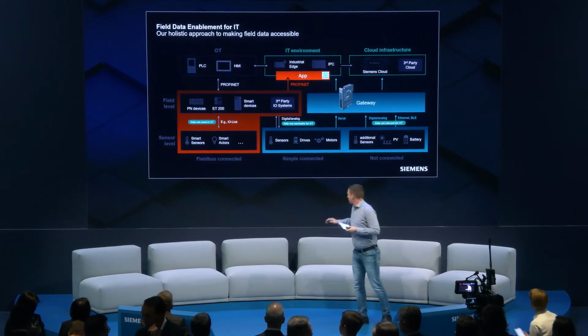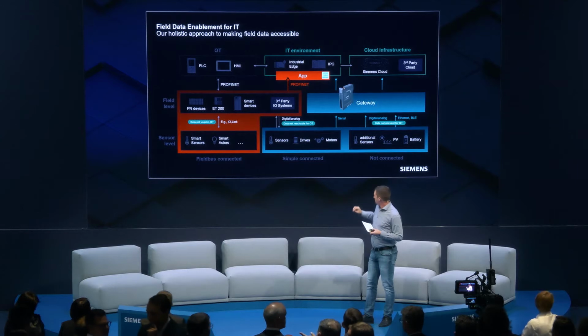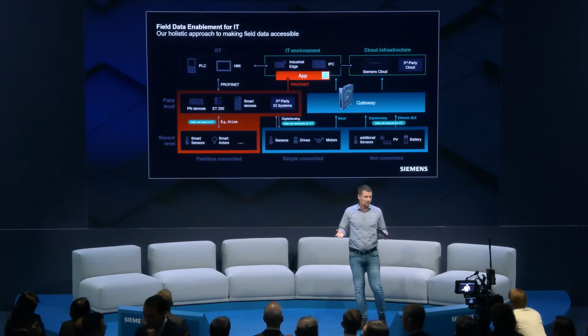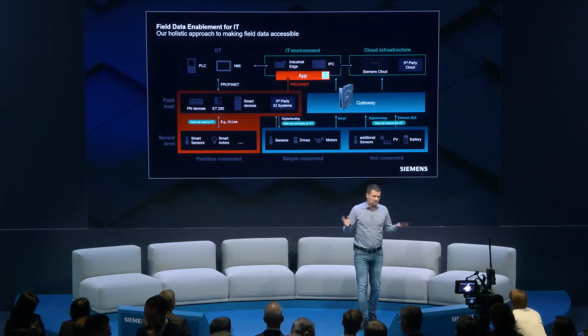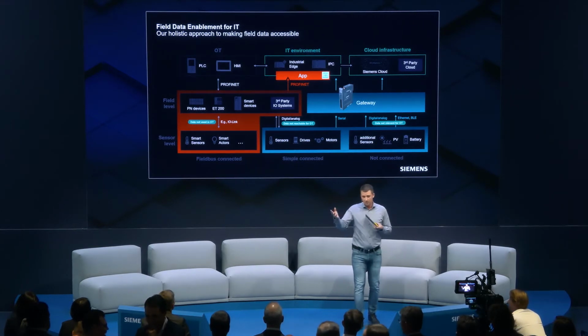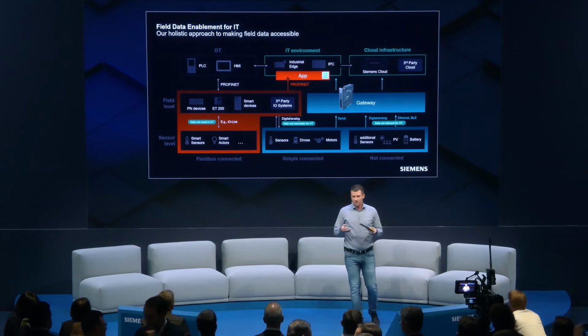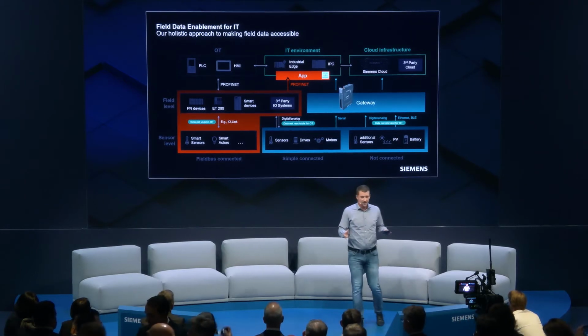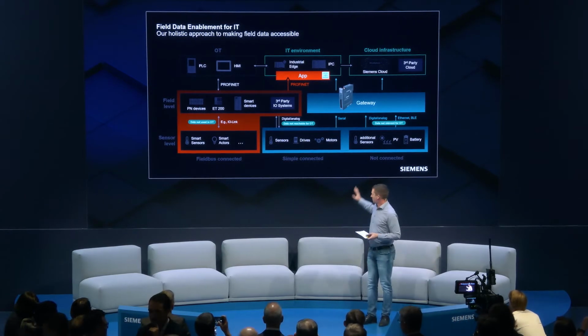And just to make that a bit clearer, if you talk about simply connected devices, that's all Dynamics V20, for example, and a lot of the Dynamics G120 or the PAC3200, so all of these metering applications are not connected from the beginning, and especially not connected to the PLC. And that's what we're going to change with that approach.